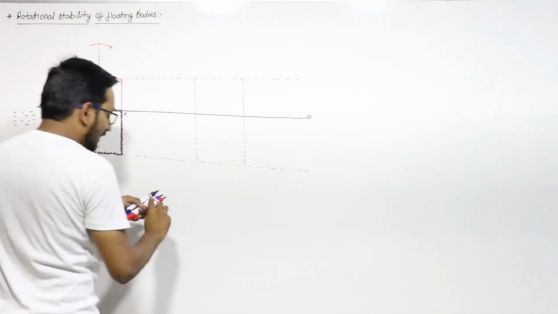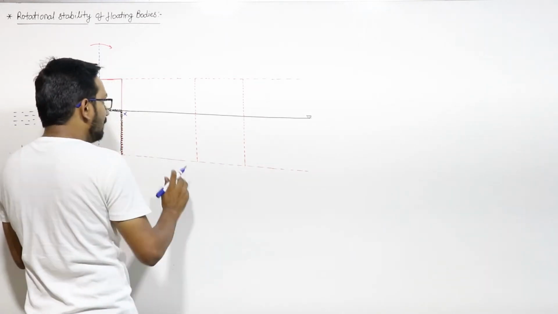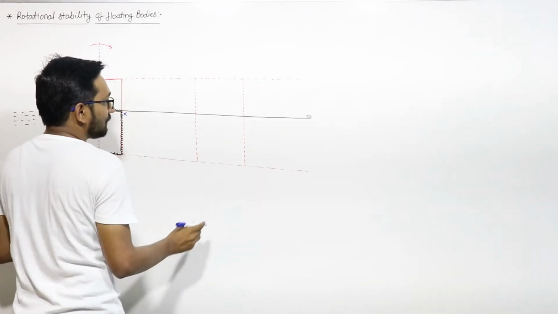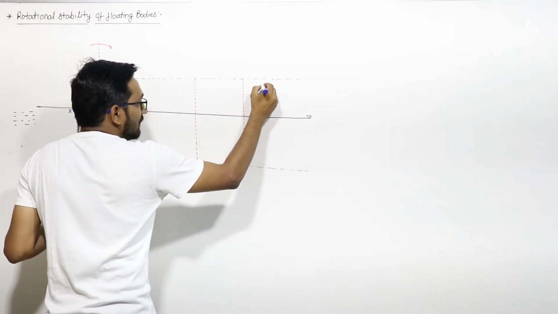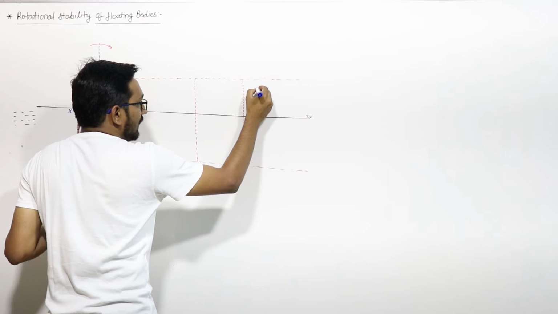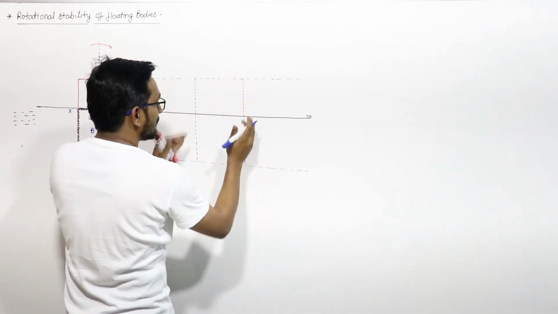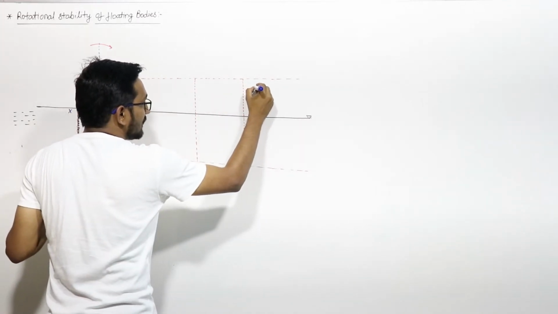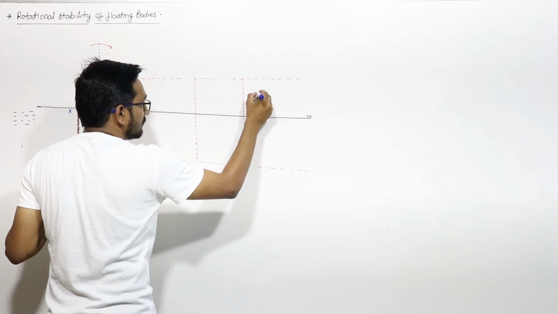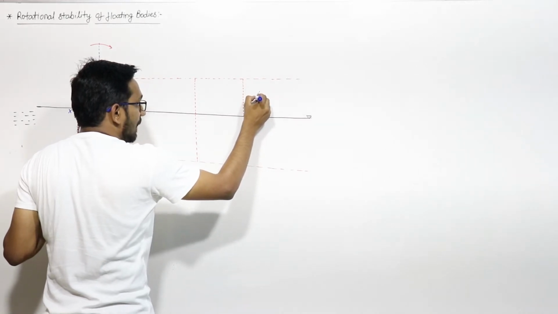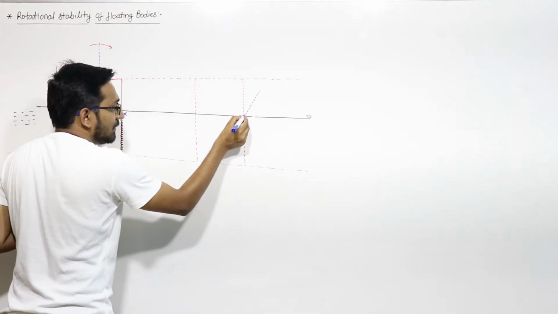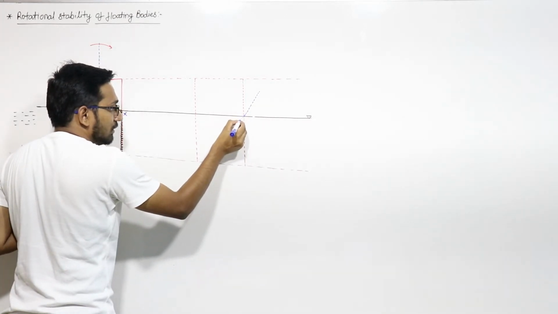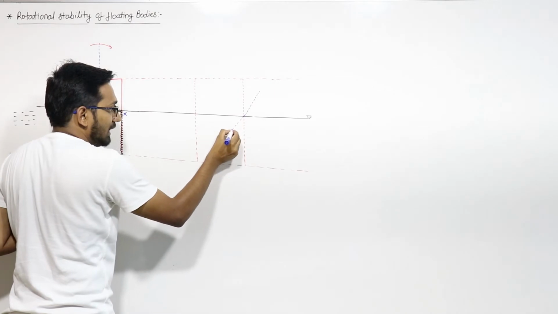So if I tilt this body, this will be the shape of the body after tilting.